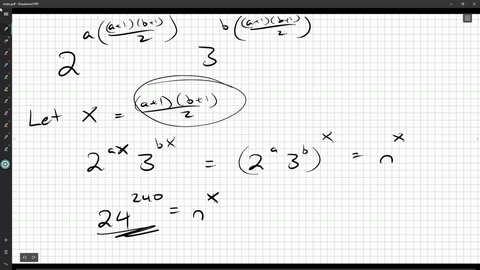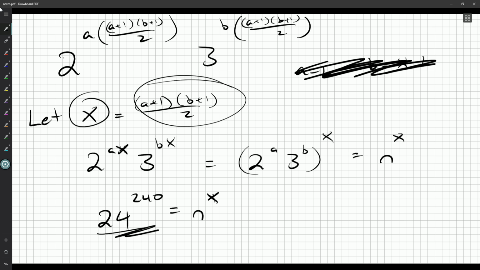Remember, a and b can't be 0. I suppose as long as you let a be 1, b be x minus 1, that would work. So I guess it doesn't really matter. As soon as I find an x, I can get an a and a b that work.